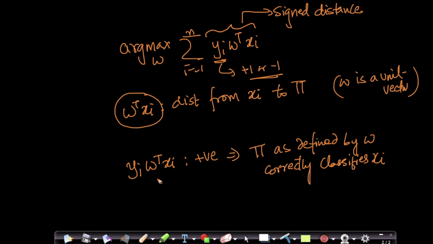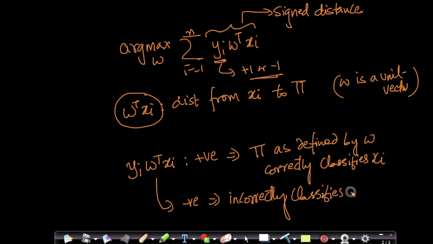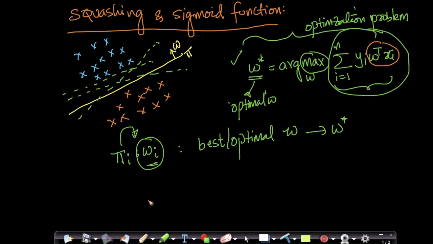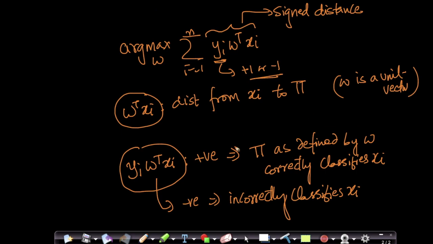Similarly, if this is negative, it means the plane defined by W incorrectly classifies my Xi. That's what it means. So let me call this the signed distance. Now, all this formulation looks good. We want to maximize the number of points that are correctly classified, and minimize the number of points that are misclassified.